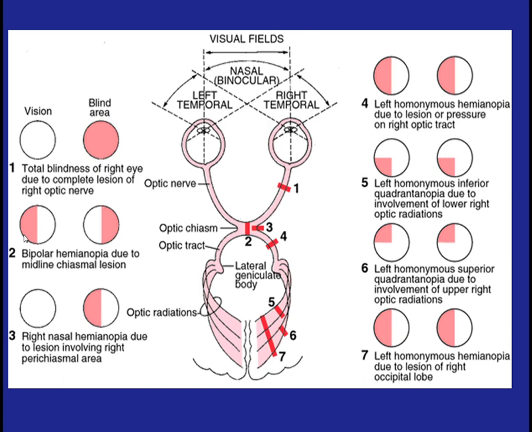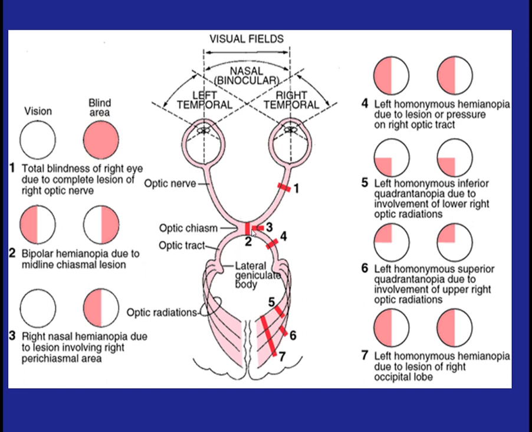So our patient can have bitemporal hemianopia due to a midline chiasmal lesion, due to, for example, pathology, a tumor of the pituitary gland.